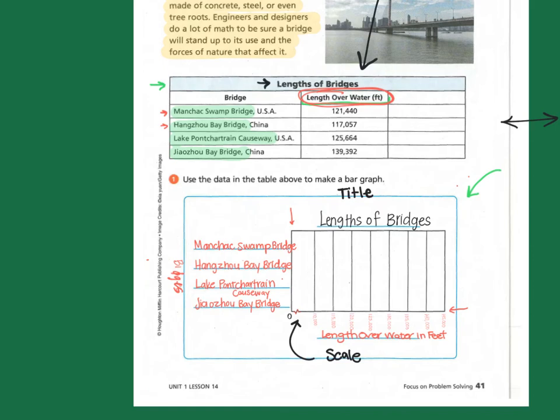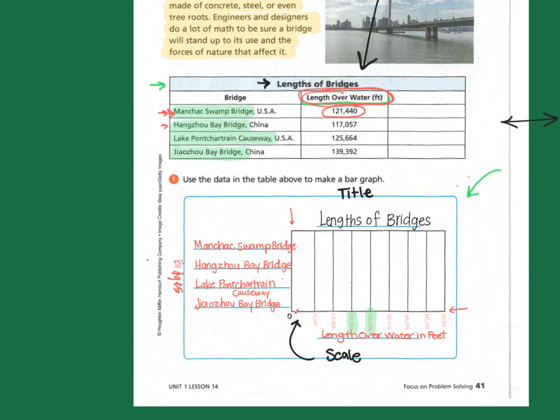Let's look at the Montauk Swamp Bridge. Its length over water is 121,440 feet. I'm going to choose a pretty color, so I'm going to choose green, and I'm going to create a bar that goes to 121,440 feet. I see that I have 120 here and 125 here. 121,440 is awfully specific, but I know that 121 is very close to 120.